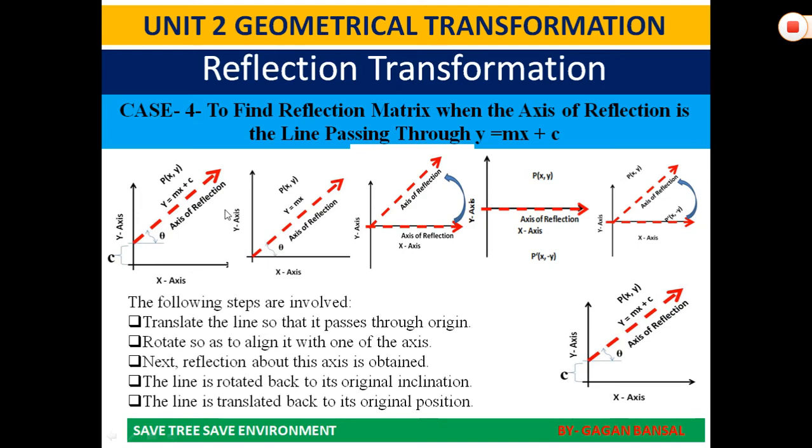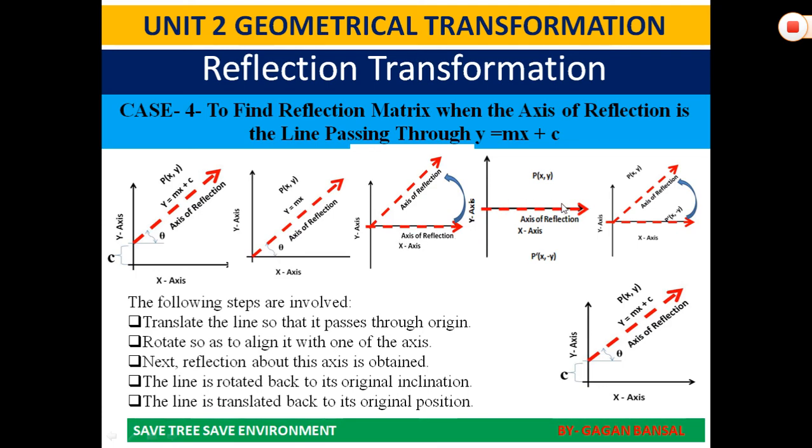Suppose this is the line, at a distance C, or we can say the intercept is C along the y-axis. First we will translate in the negative y direction to make it reach the origin. Then we will rotate it in the clockwise direction so that the axis of reflection becomes the x-axis.